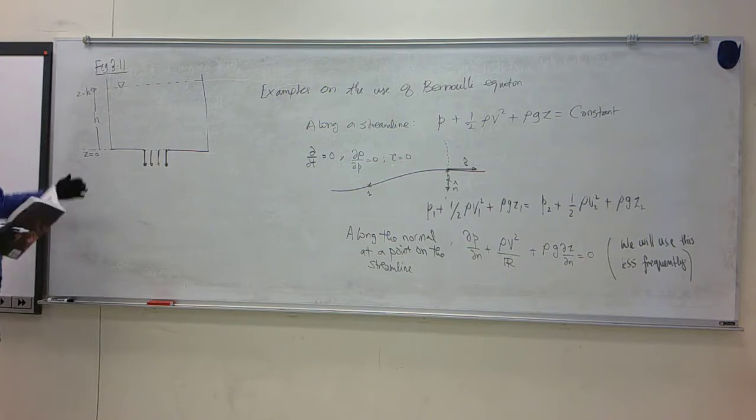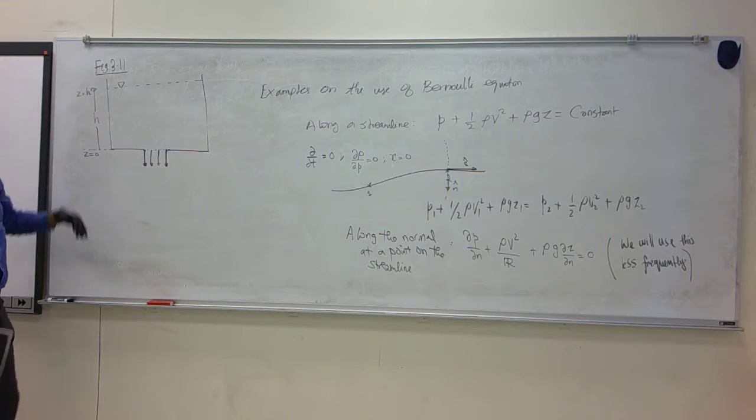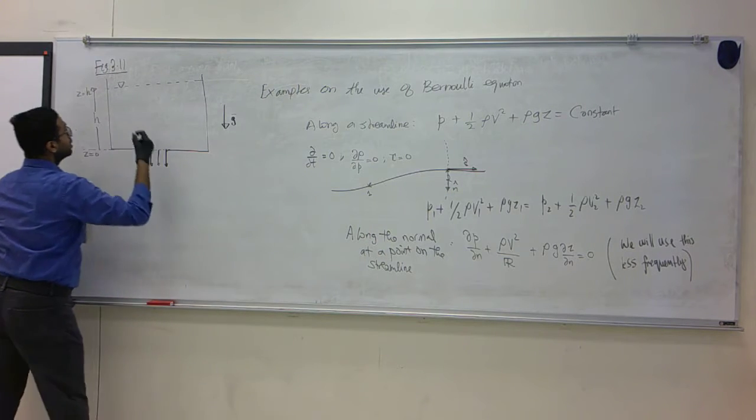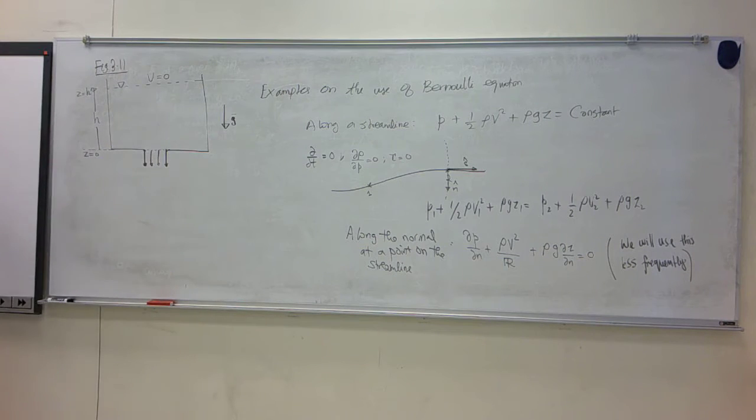So if you have a tank here, fluid discharges because gravity acts down. At the top surface, we can assume that the fluid is at rest. It's moving ever so gently.